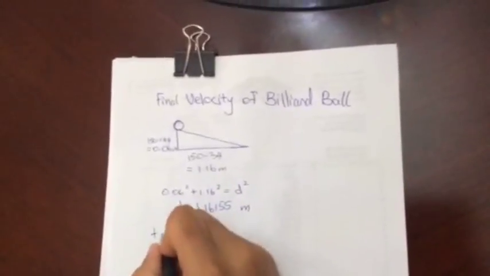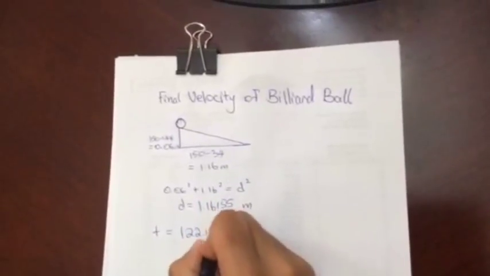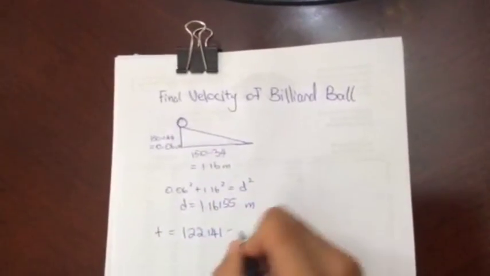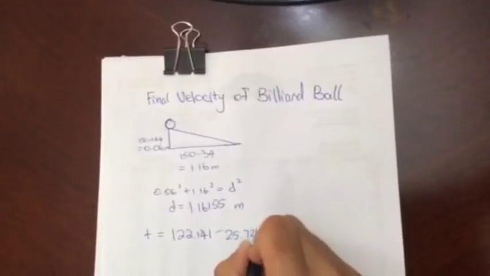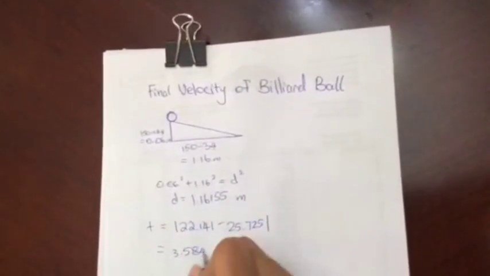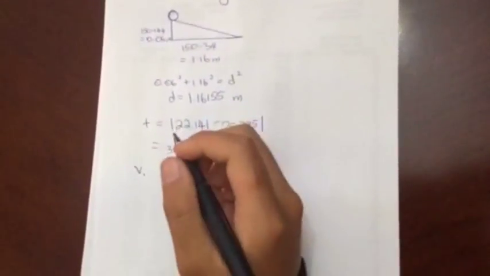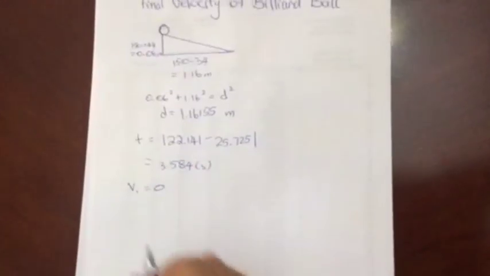The time, as shown from the video, is the absolute value between the starting time of 21.141 minus the ending, which is 25.725, and that equals 3.584 seconds. As we know, initial velocity equals 0, since the ball was not moving.